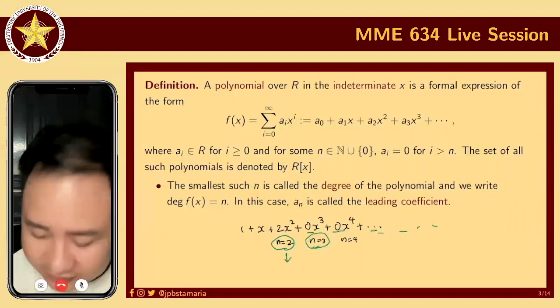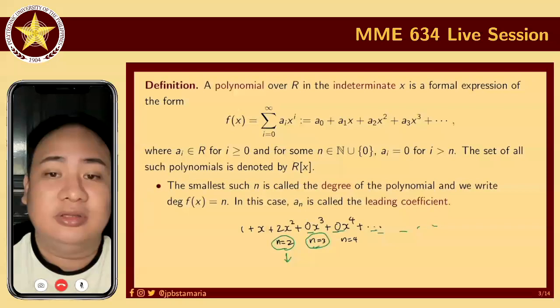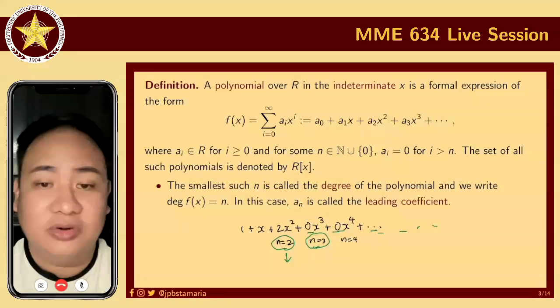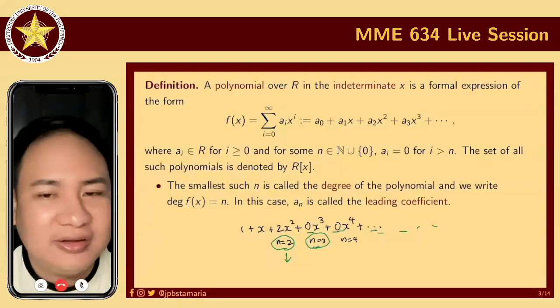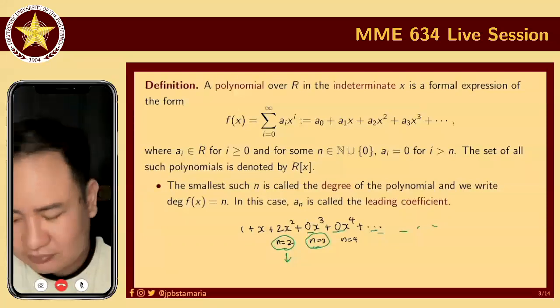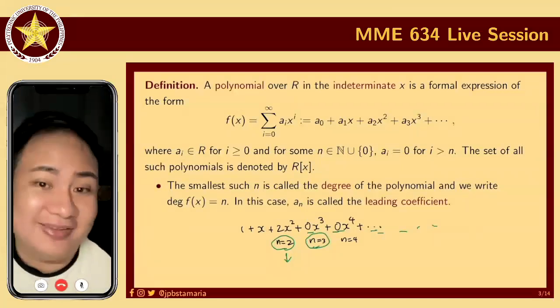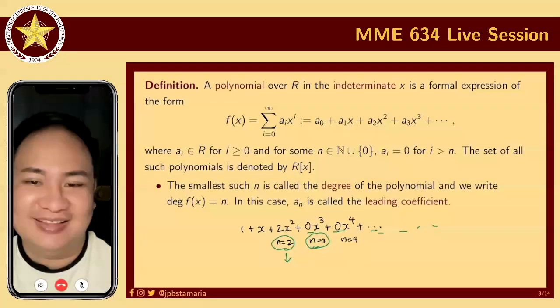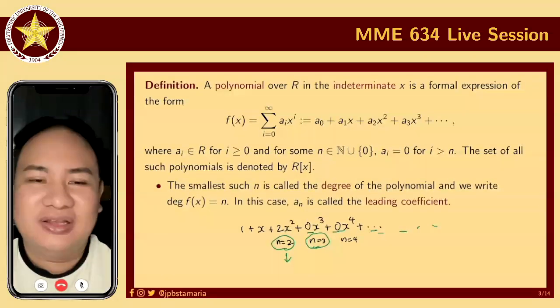That is what we call the degree of the polynomial. In high school, how do we say this to our students? How do you define the degree of a polynomial? The largest exponent. That is how you define it in high school. But of course, since we are in graduate school, we are now studying formalities.